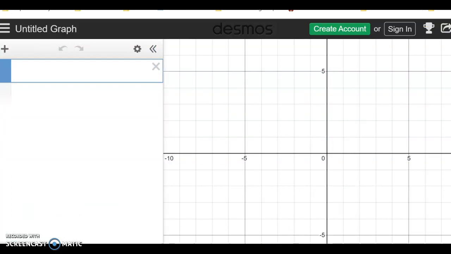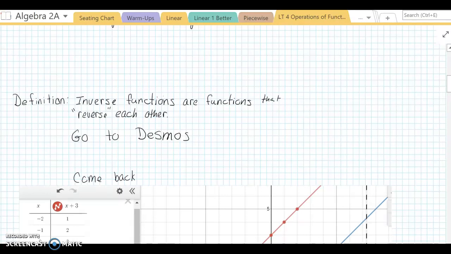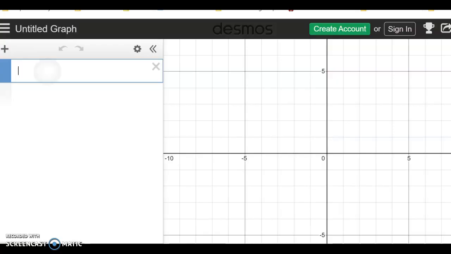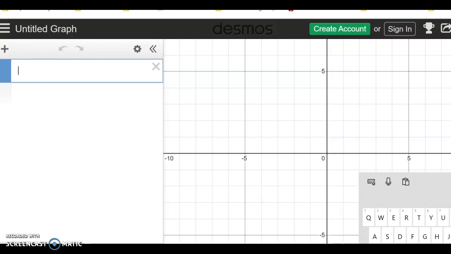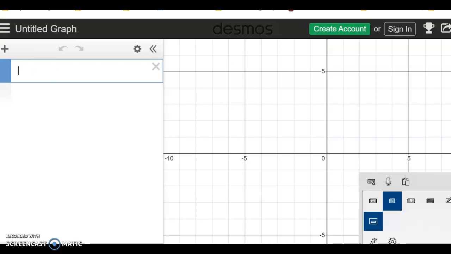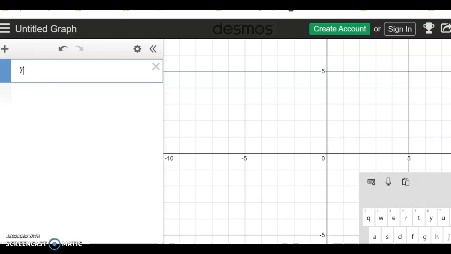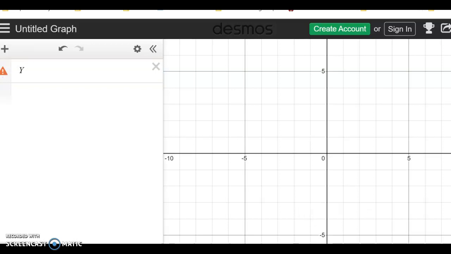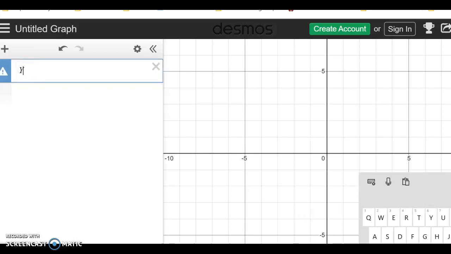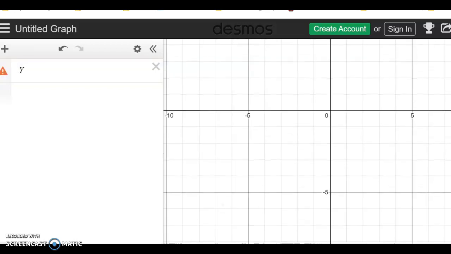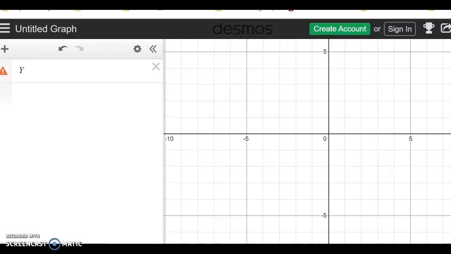So what if I were to graph y equals x plus 3? This isn't easy. Silly, this thing's blocking it.